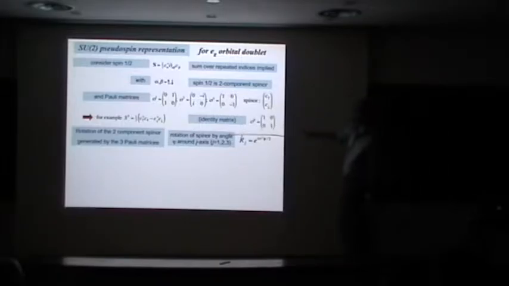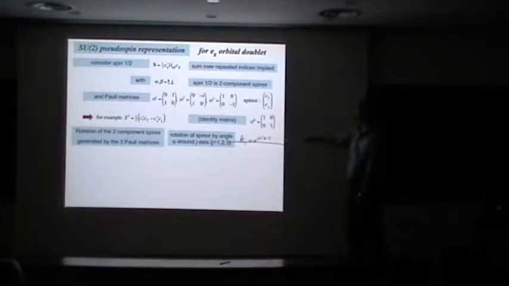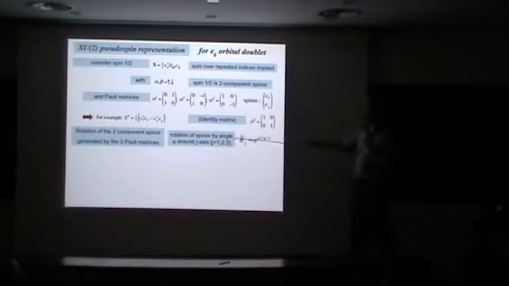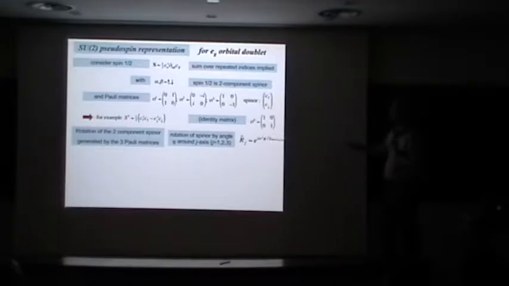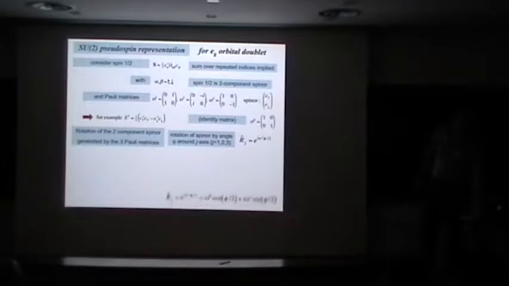Well, the rotation of the spinor by an angle phi around the axis j, where now j is 1, 2, or 3, avoiding to say x, y, or z, the rotation operator R_j is e to the i sigma j phi over 2, where the Pauli matrix corresponds to this axis. This is all well-known stuff in textbooks.